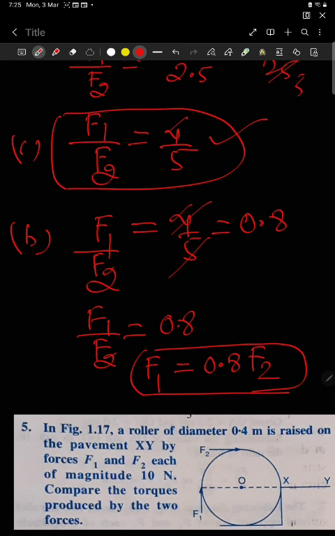So what do you observe from that? Which one is greater? Through this we can see that the F2 value is greater than F1, because the ratio is less than 1. So this value is greater and this value is less.